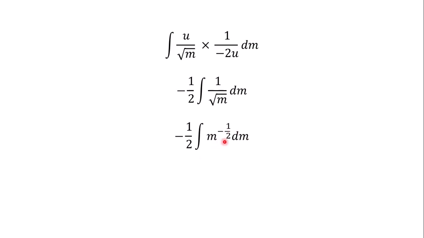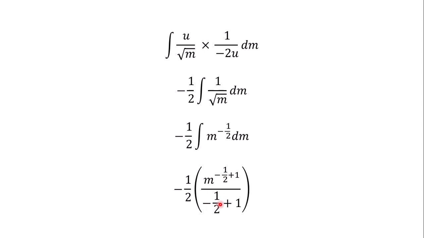Here, to integrate this one, we add 1 to the minus half, and then we divide by minus half plus 1. And then we multiply by this minus half outside. Now, when you add 1 to this minus half, we are going to get half, and that is m raised to the power half.